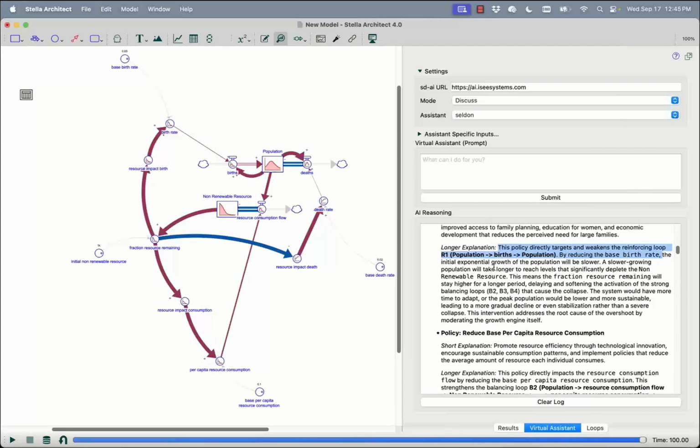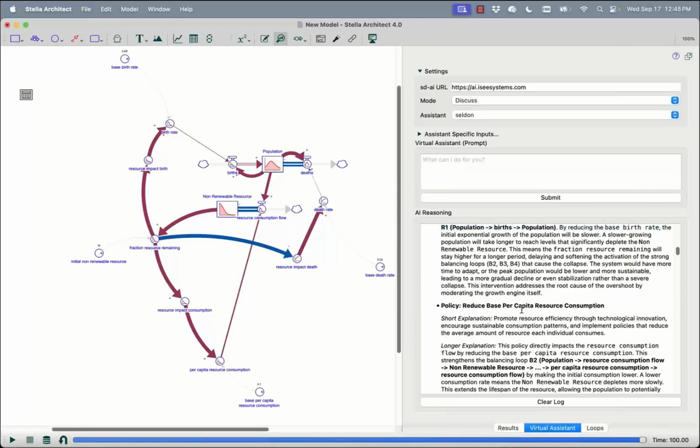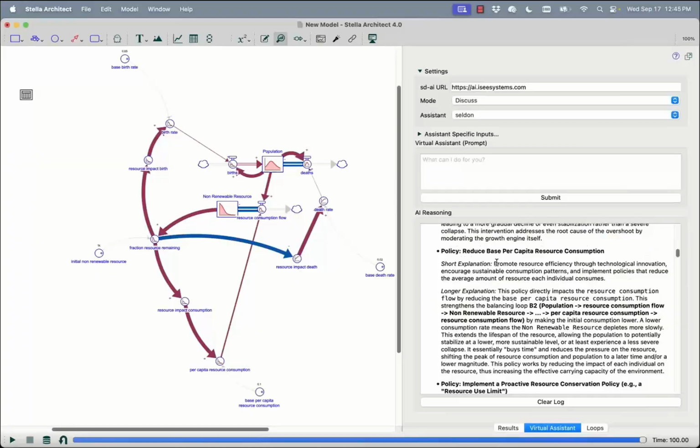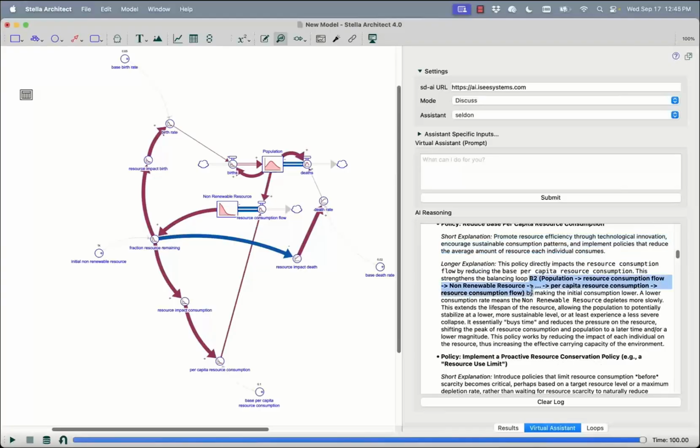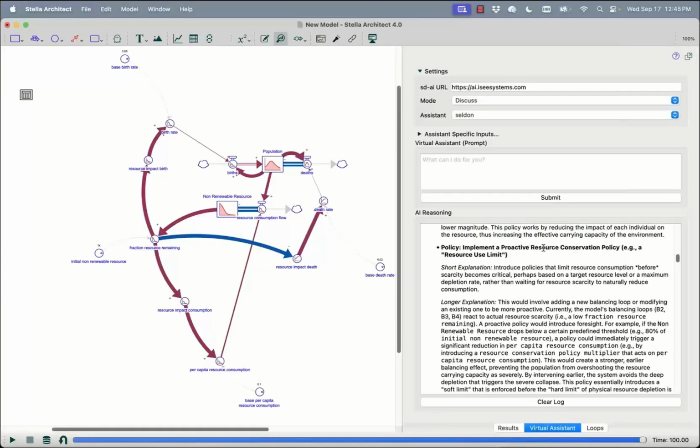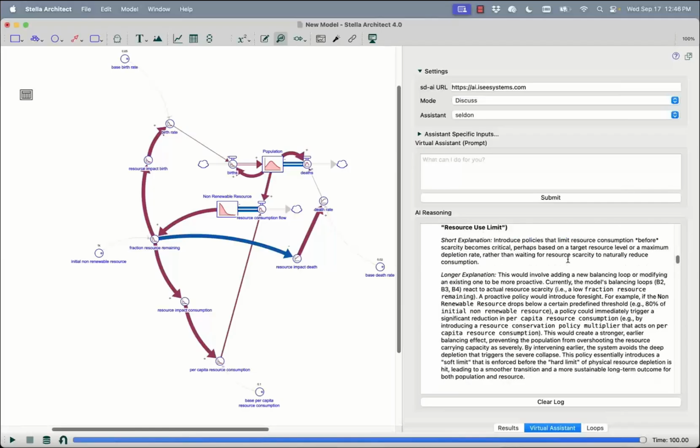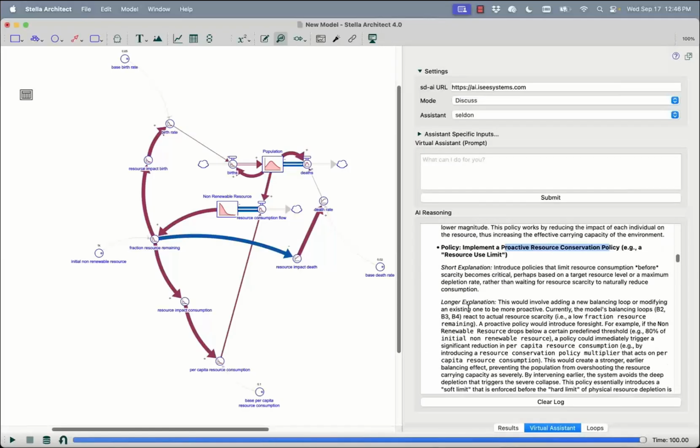The initial exponential growth of the population will be slower. Reduce base per capita resource consumption. Promote resource efficiency through technological innovation, etc. And this attacks B2. Likewise, implement a proactive resource conservation policy, and it talks about what loops are targeted in that policy.